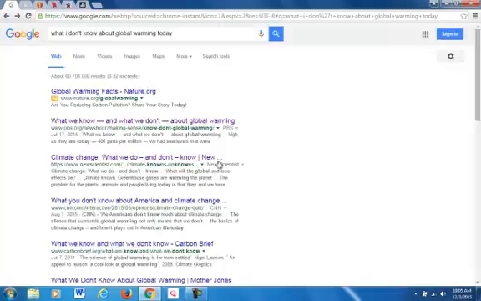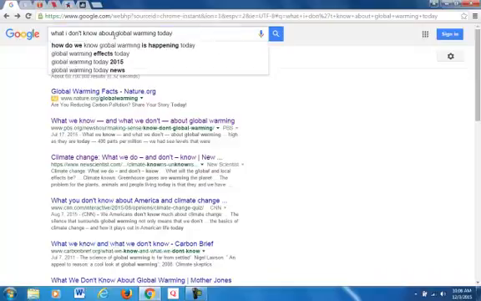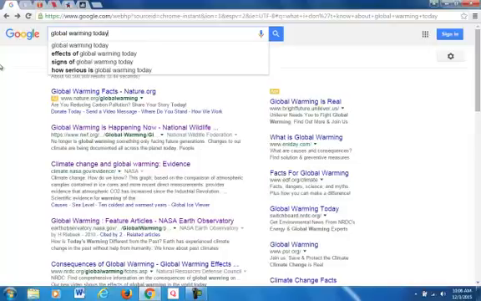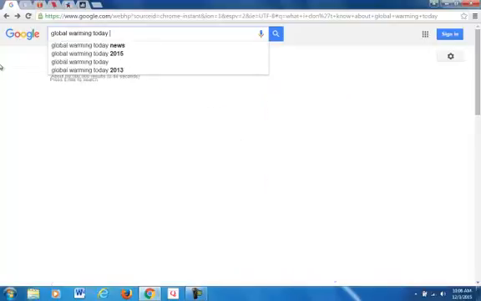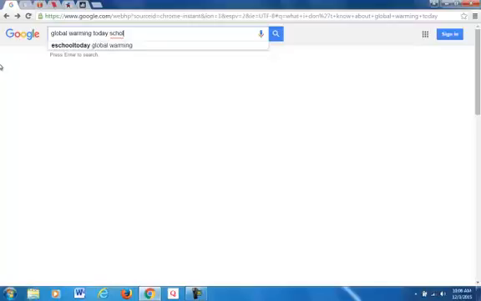Then I'd go back to the Google website. If I'm at a library, I would definitely look for a scholarly article. But if I'm on a personal computer or laptop, I would search scholarly articles.